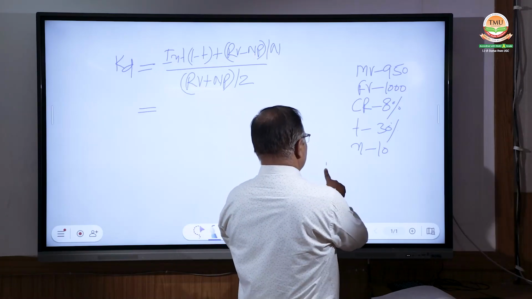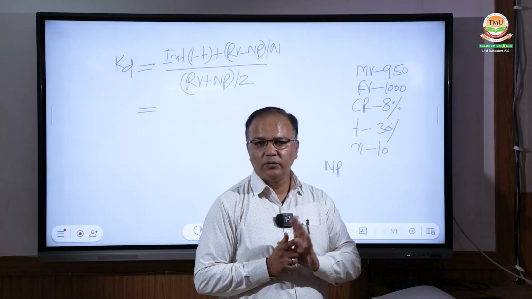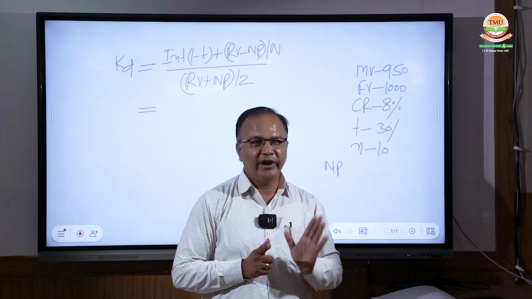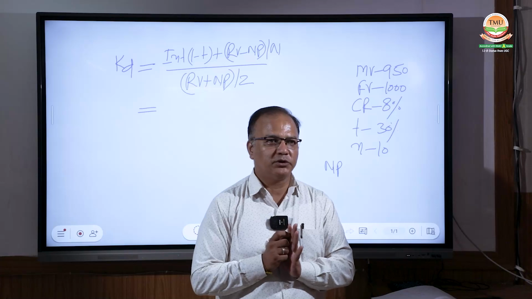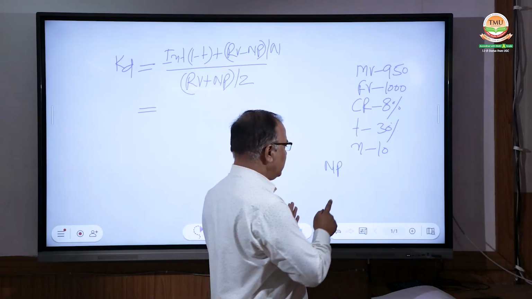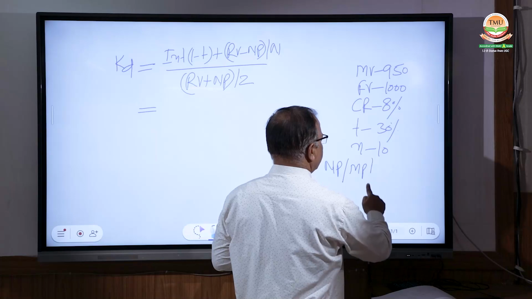So, we have a preference. What is the preference? First of all, if net proceed is given to you, then you should use net proceed. If it is not given, then you can use market price.